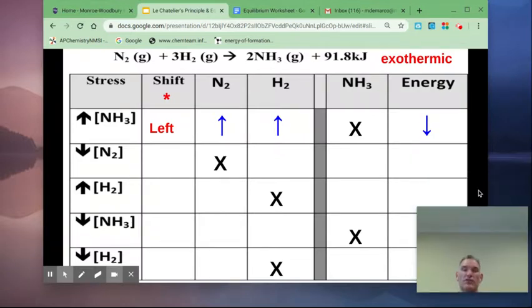Now, again, we're doing it in a chart-like manner. If you were asked a multiple choice question like this, it would have said, in the reaction below, when NH3 increases, what happens to H2? That's one question. Or it could say, when NH3 increases, what happens to the energy? Notice they're individualized questions on one part of the reaction.